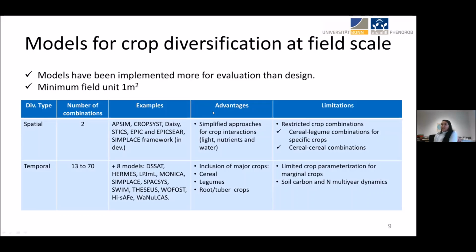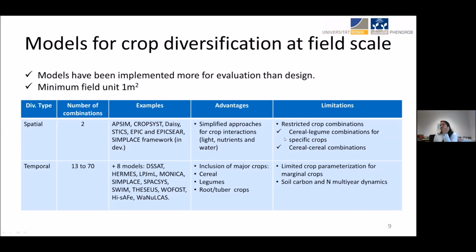Some of the advantages of these models are that they have simplified approaches where they express the crop interactions mostly in terms of light, nutrient, and water competition. Some limitations are that they have restricted crop combinations, just 2 at once. Typically they comprise cereal-legume combinations for specific crops, and also cereal-cereal combinations.